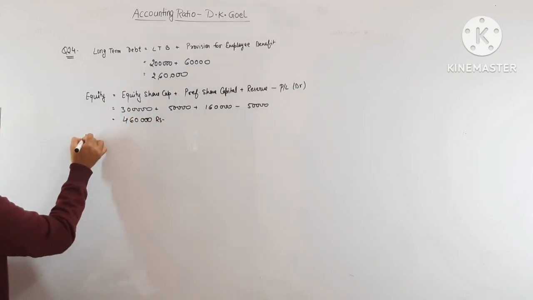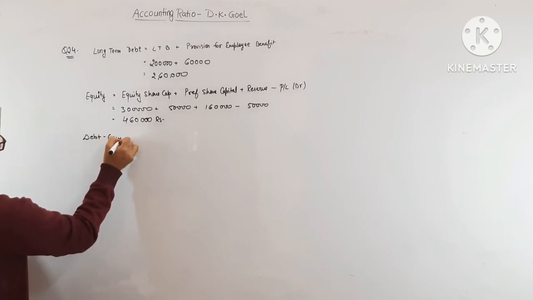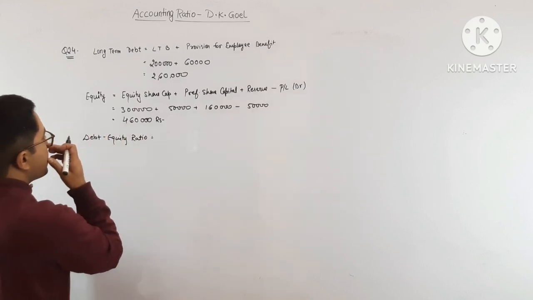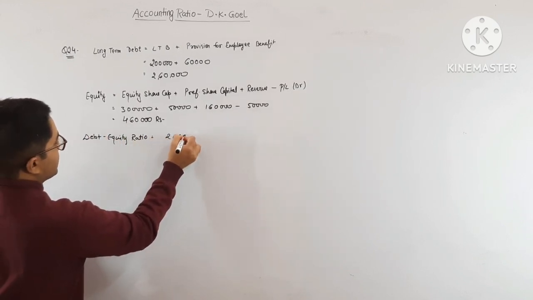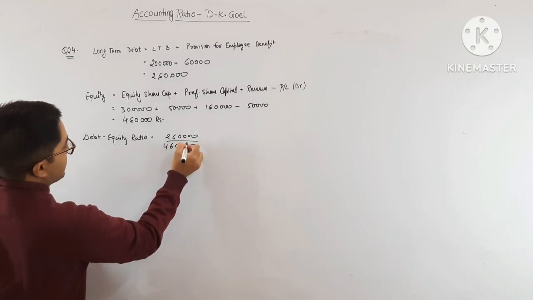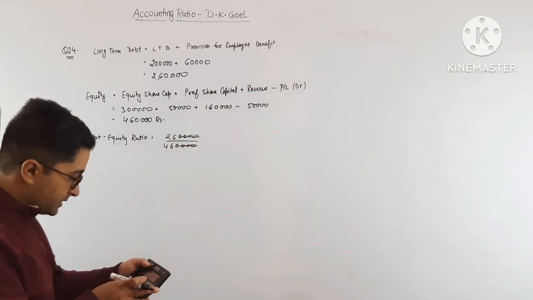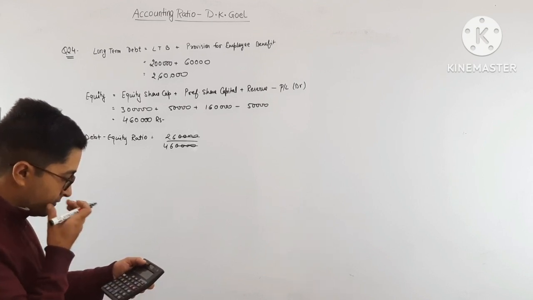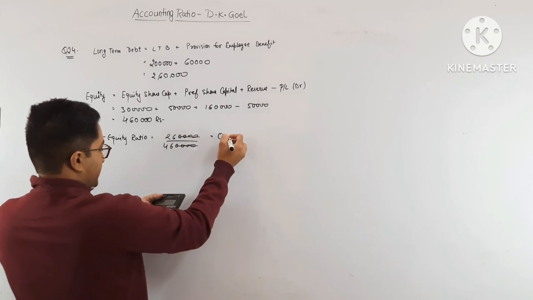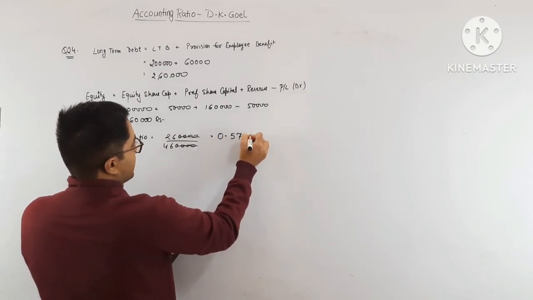So the debt equity ratio will be 2,60,000 divided by 4,60,000. 40 cancel. 26 divided by 46 will be 0.56. It is 0.565, so you can also write 0.57:1.